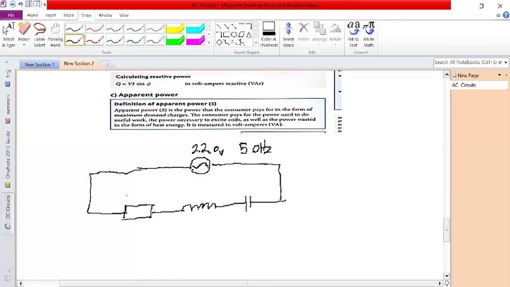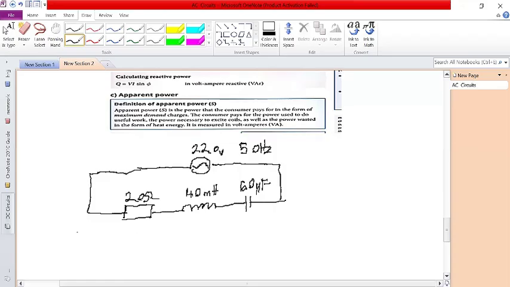The resistor is 20 ohms, the inductor is 40 millihenries, then the capacitor is 60 microfarads.